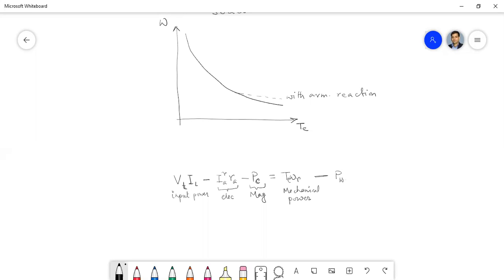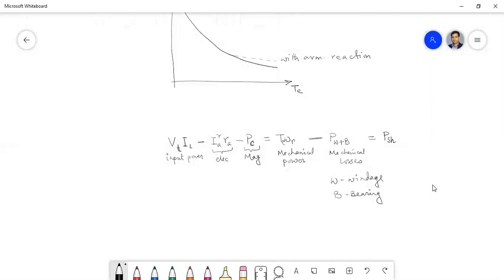These are all called mechanical losses, where W is for windage and B is for bearing. Then we get the shaft power, which is available on the shaft where you will connect your load. So this is how the power flow occurs in a DC machine.